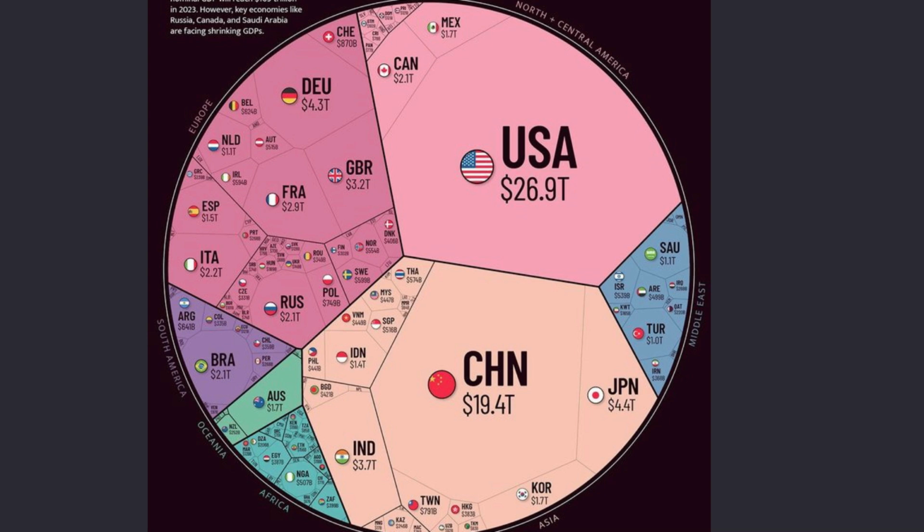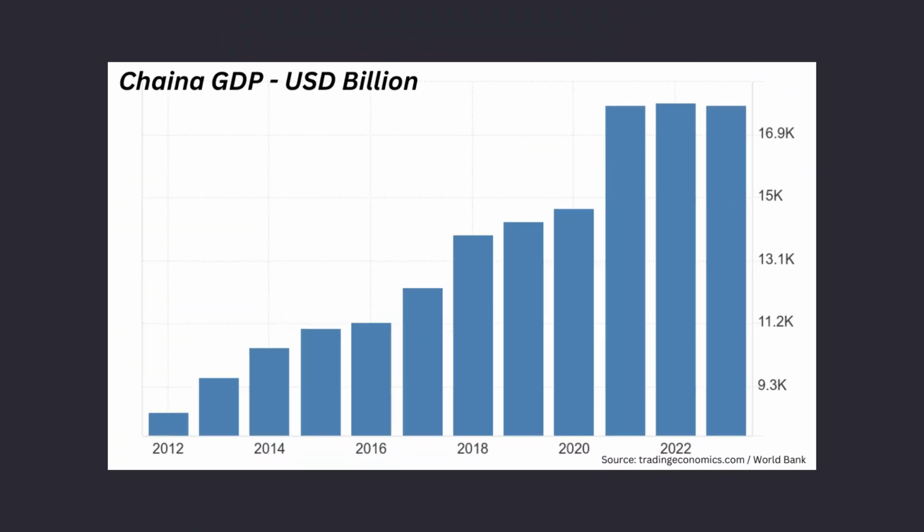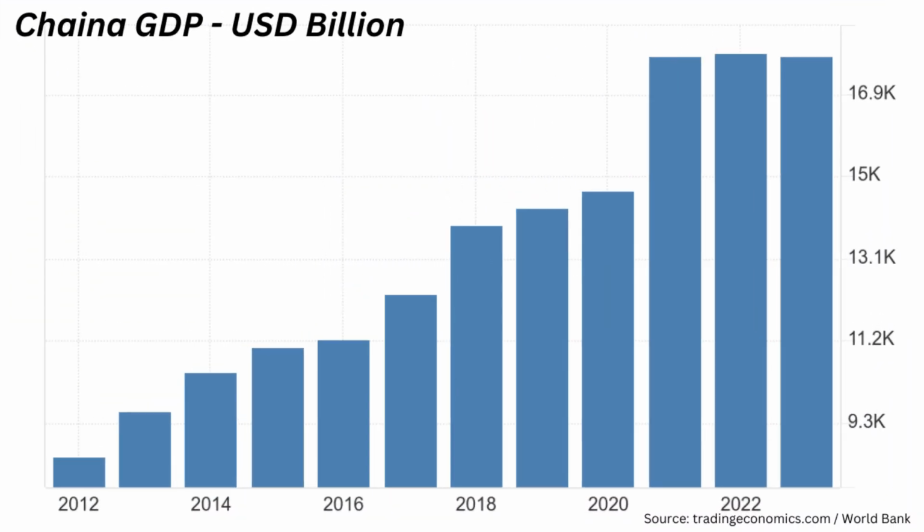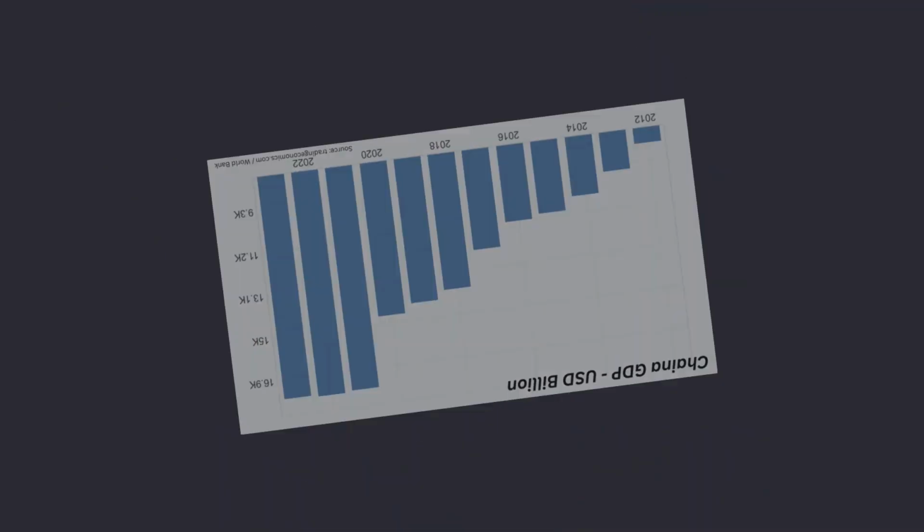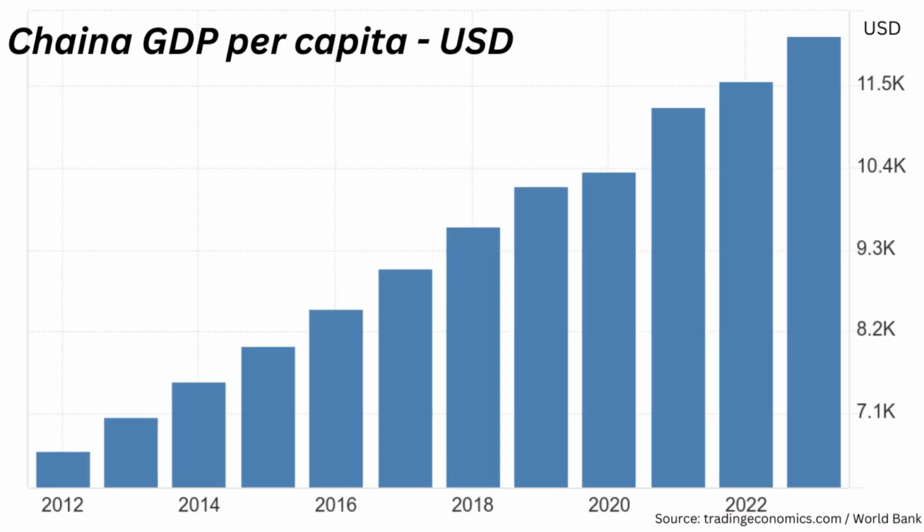At the same time, countries like China, with a GDP of approximately $18 trillion, have a much lower GDP per capita, around $12,000, due to their vast population size. This shows that while China is the second largest economy globally, the average income of its citizens is much lower than in wealthier, smaller nations.